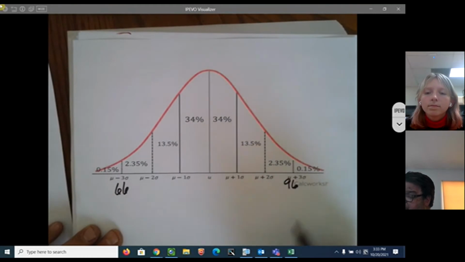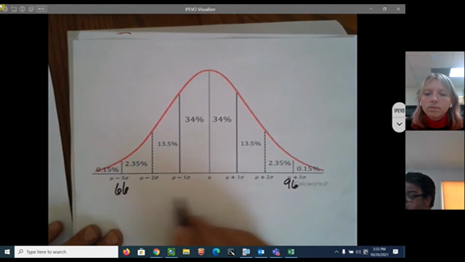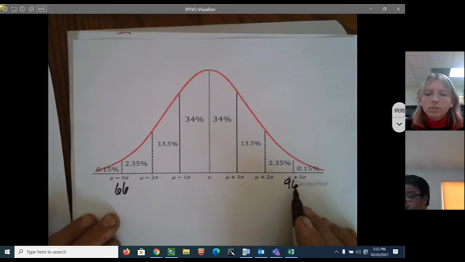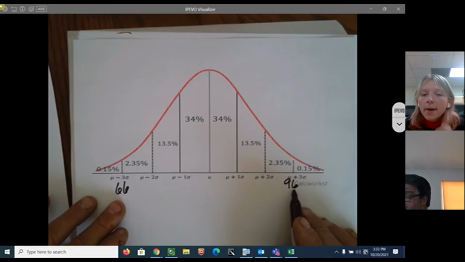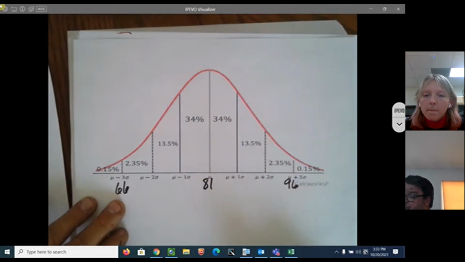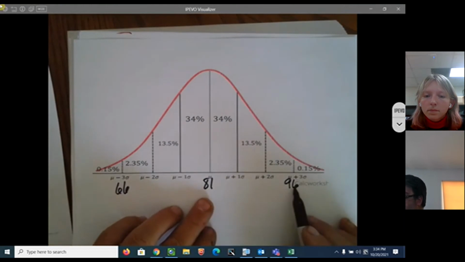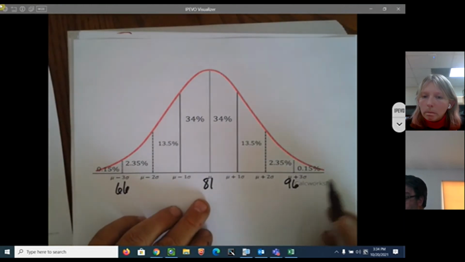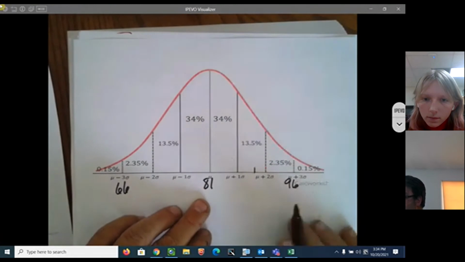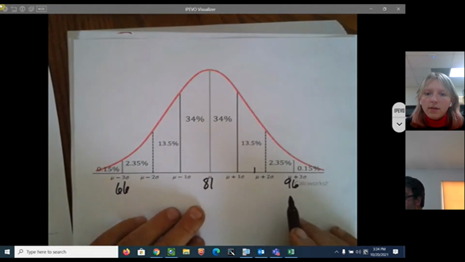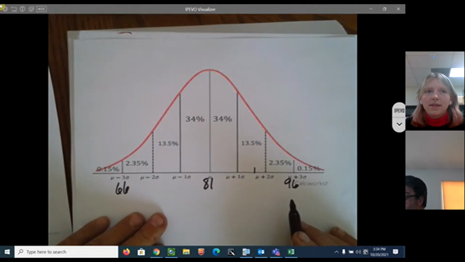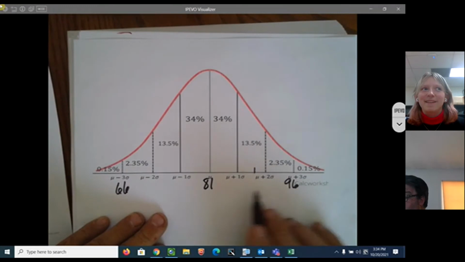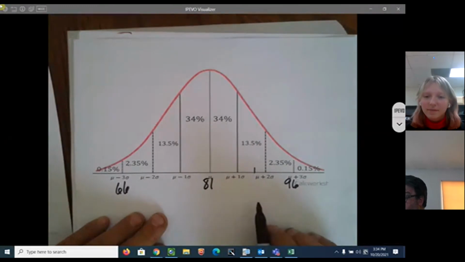Okay, now we said that 96 plus 66 is 162. 81 is in the middle. I can't do that because I got to find the middle here. That's why I'm not coming out.